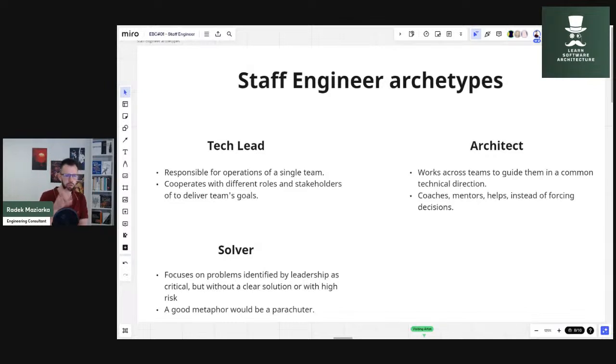I think a good metaphor for the solver from the military would be a parachuter. We are jumping into a specific area that is unknown and unclear. We investigate it and try to understand what is what.